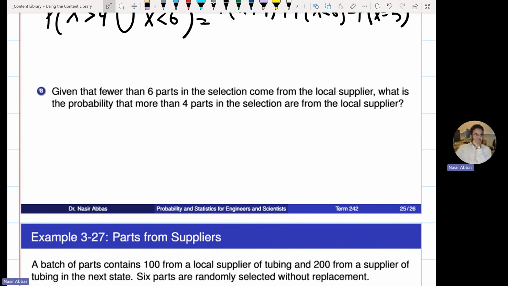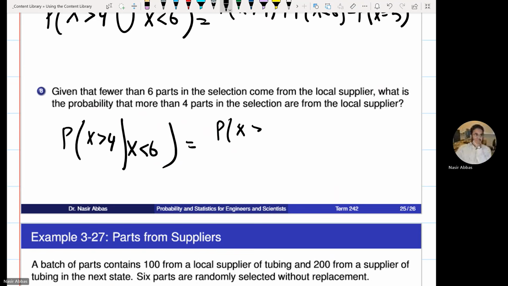Given that less than 6 parts in the selection from the local supplier, given that X is less than 6, do you get how I make the statement out of the question? Given that less than 6 from local supplier, what is the probability more than 4? Apply the conditional probability formula. What is A given B?